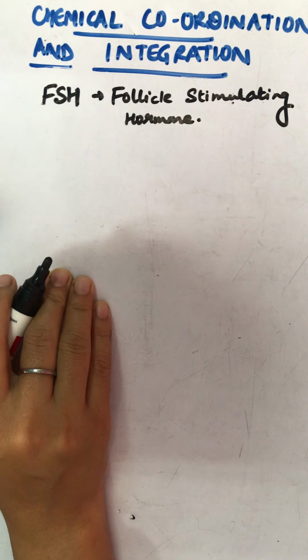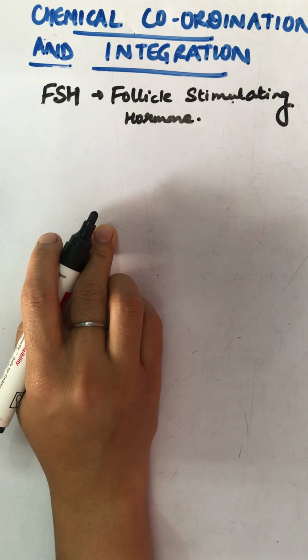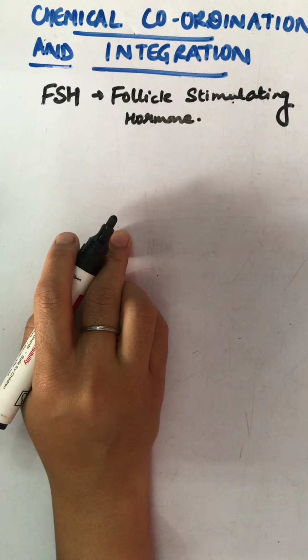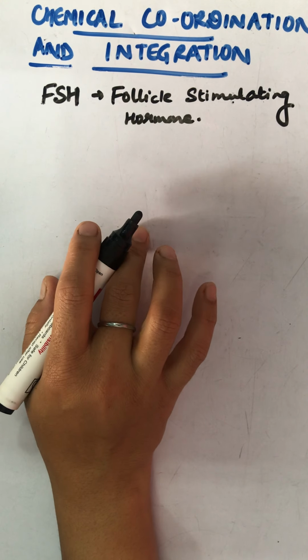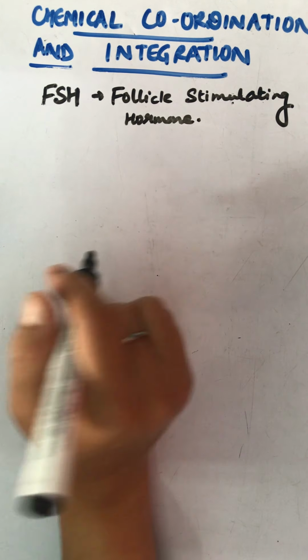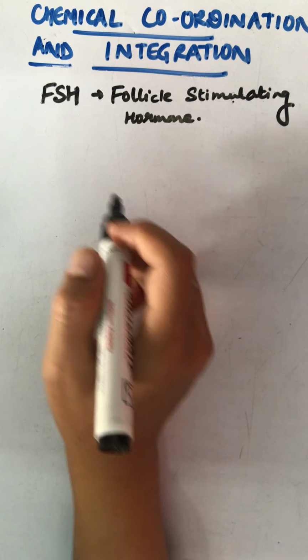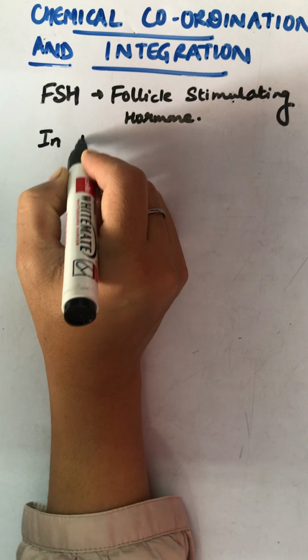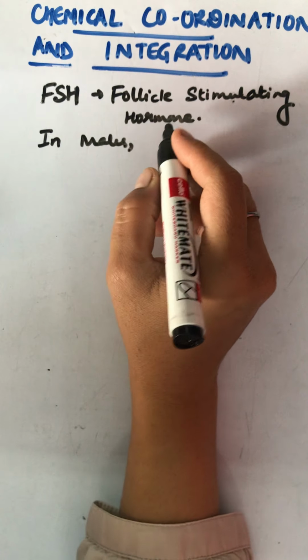You know, in males along with androgens, it regulates spermatogenesis and is responsible for the descent of testes into the scrotum. Mainly we write in males along with the androgens.